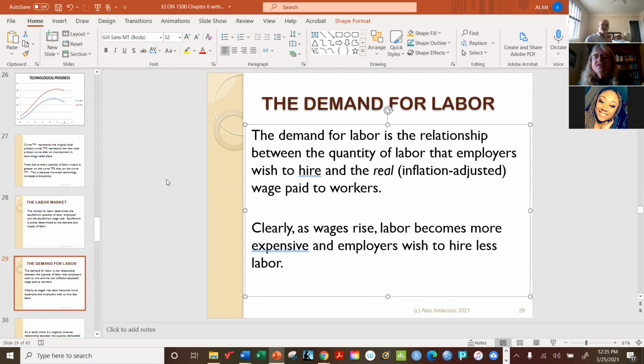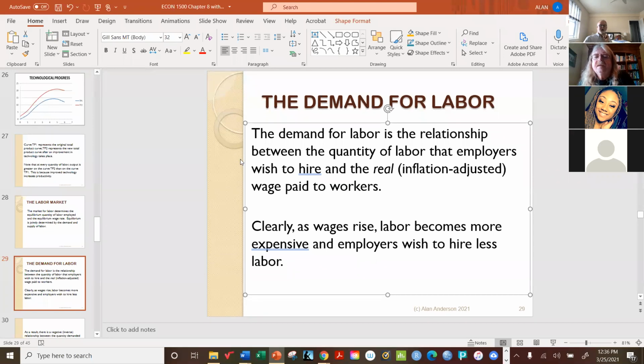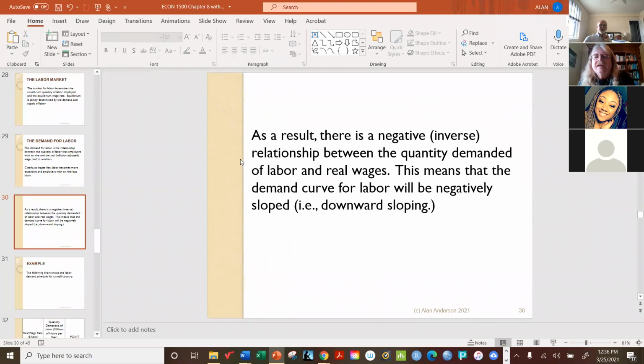It stands to reason then that the higher the wages are in the marketplace, the less labor will be hired by employers, because that obviously reduces profits. So this is the same as the demand for any other product in the market. At a high wage, you're going to have a low quantity demanded and vice versa. So there's a negative or inverse relationship between wages and quantity demanded.